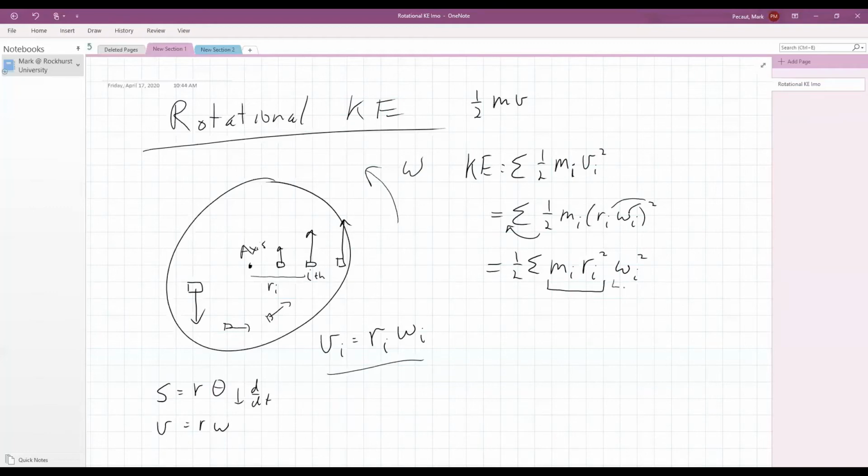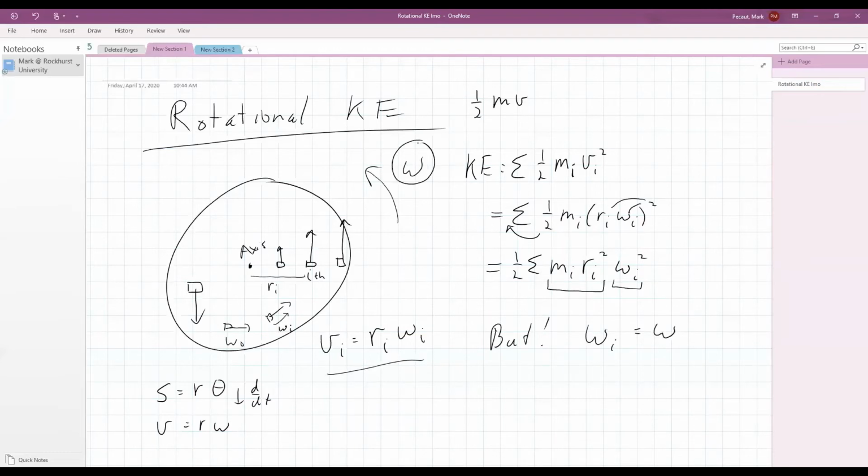The problem is it's multiplied by individual omega sub i's. The way this is written suggests all of those omegas are different. But that's not true. All of the omegas are the same, right?